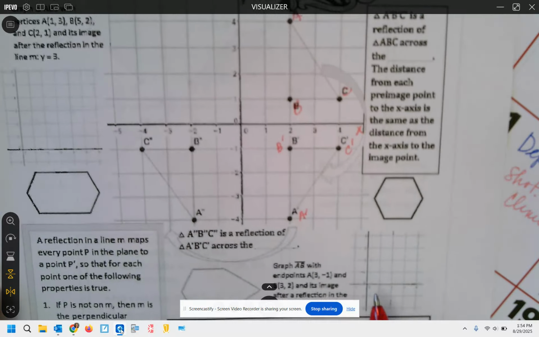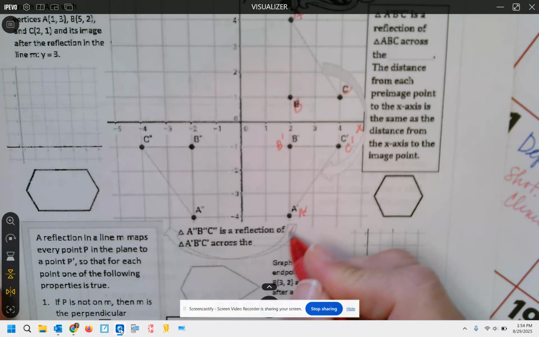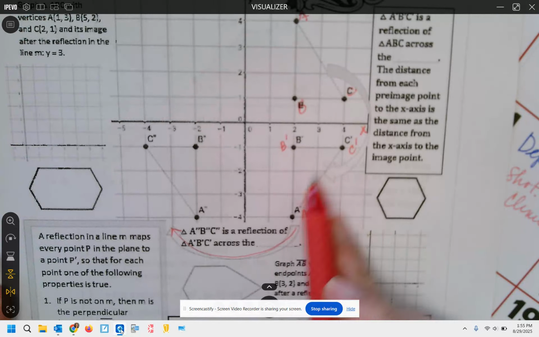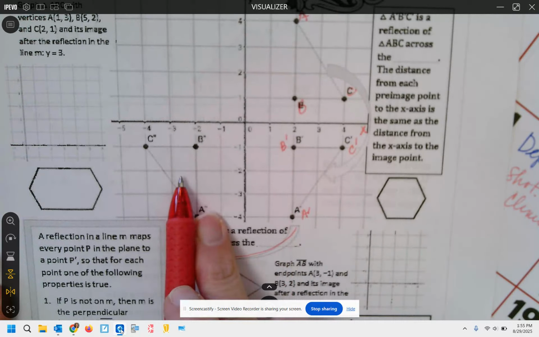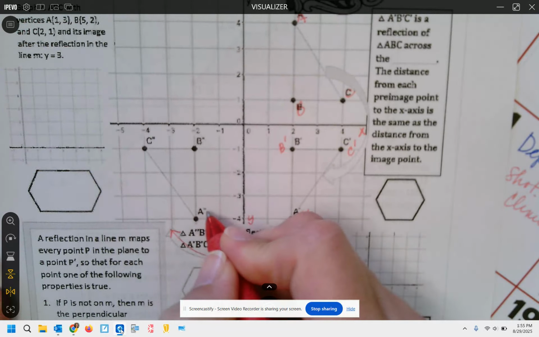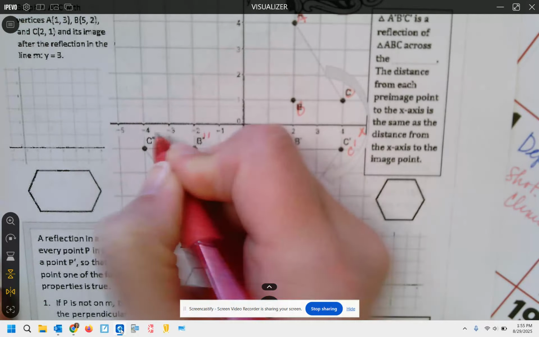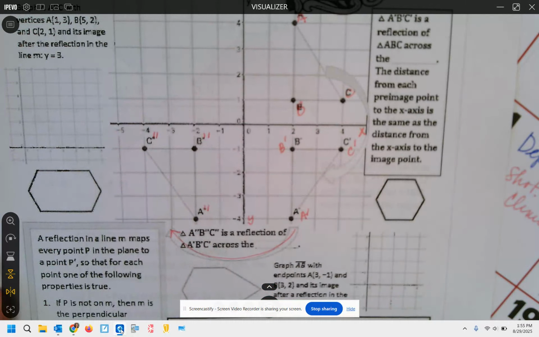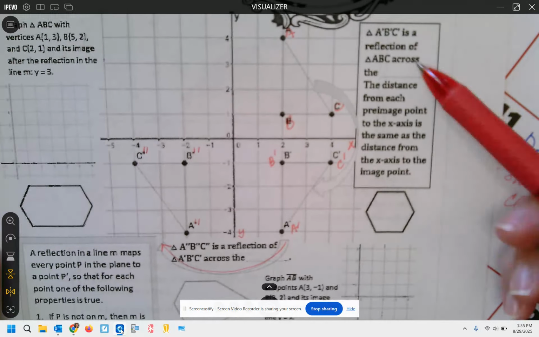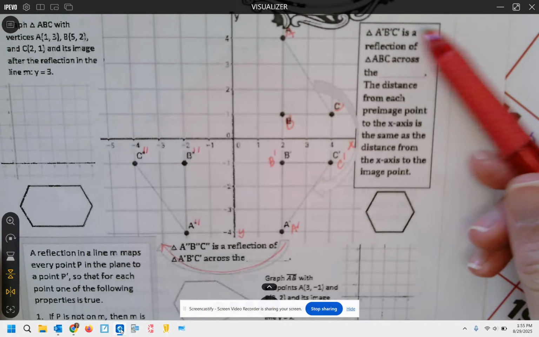And then if we take it one more time and go from this quadrant to this quadrant, now reflecting it or flipping it over the vertical y-axis results in A double prime, B double prime, C double prime.